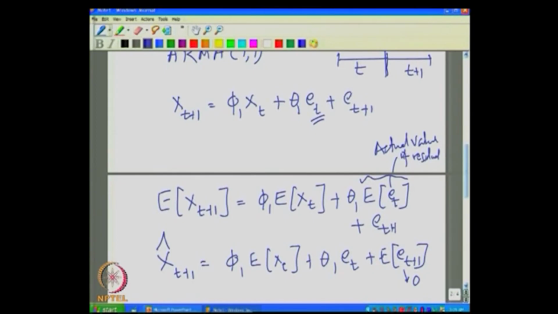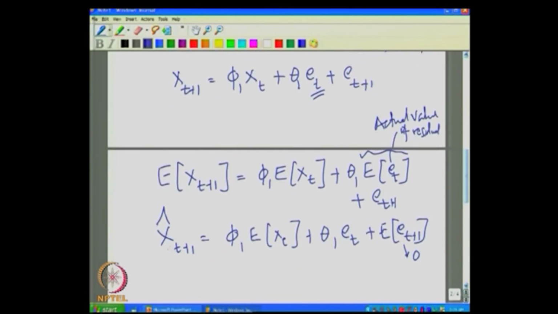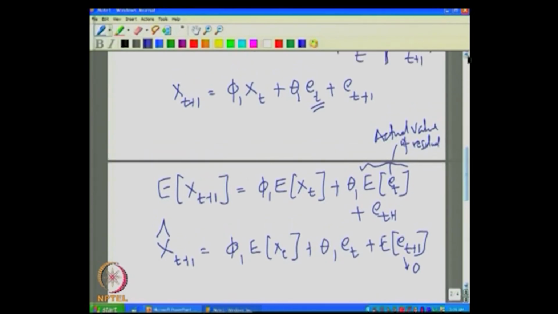So, the actual value minus forecasted value gave me this E t value and therefore, when I take the expected value it becomes E t itself. So, I will write this as phi 1 expected value of x t plus theta 1 E t, and this becomes 0 because these are all noise terms. And therefore, you write the forecasted value for time period t plus 1.